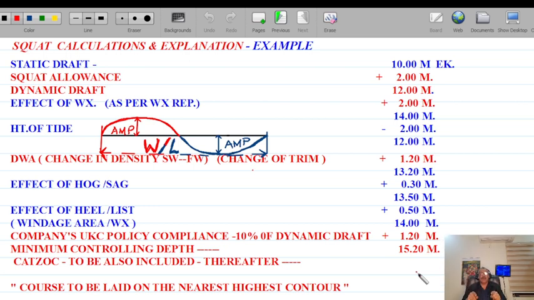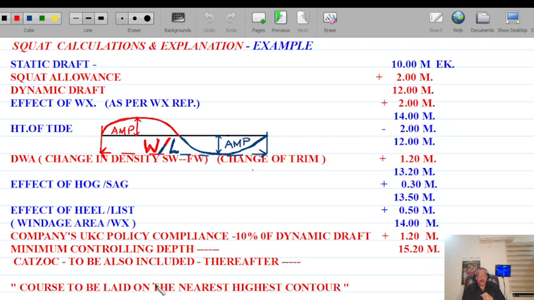In this particular case, I am repeating myself so no mistake, no confusion takes place, that when your static draft is 10 meters and the master has decided that the speed we will not go more than 10 knots with this kind of parameters and configuration, and going into CATZOC A1, I've given an example, your minimum controlling depth is coming to 16 meters. Therefore, the courses which are to be laid shall be above 16 meters depth, maybe 20 meters. More the merrier.